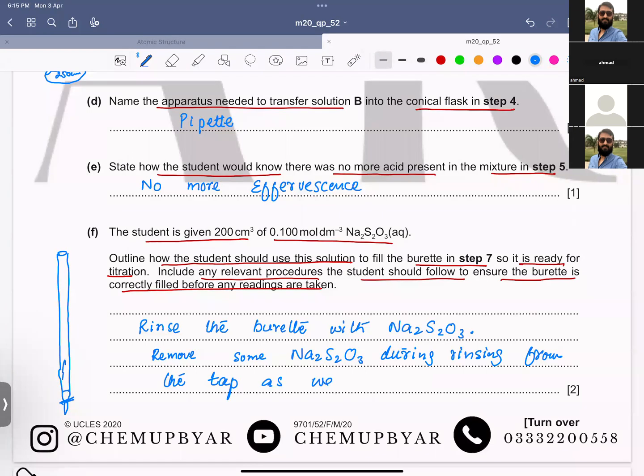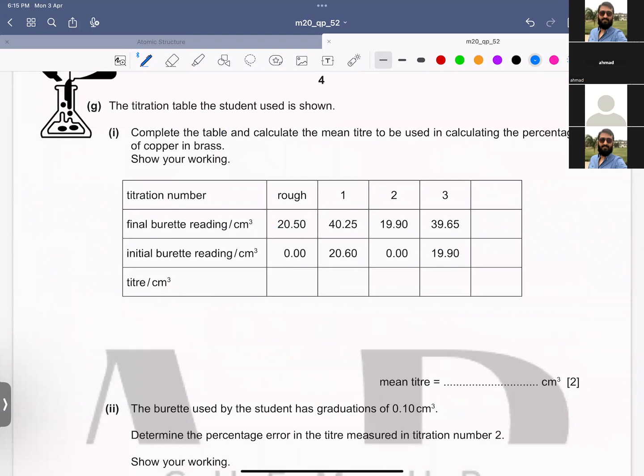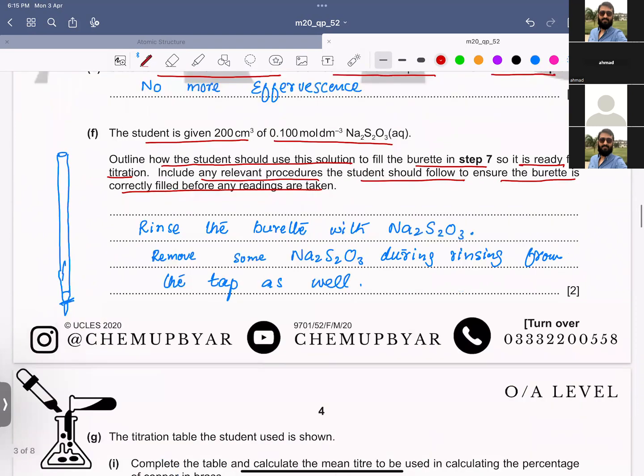Is this clear to everyone? Yes. Now G part. Okay. If anybody has any doubt till here, do ask.